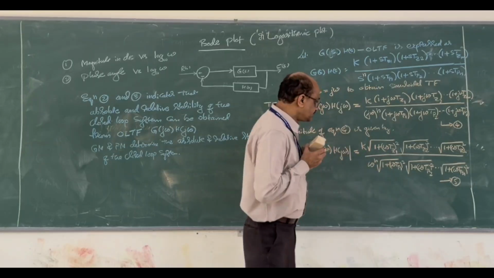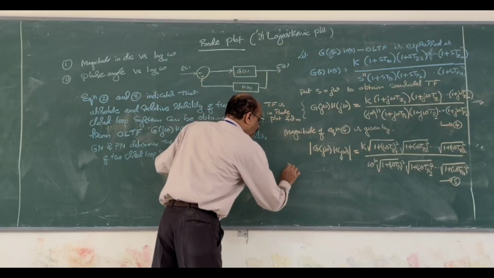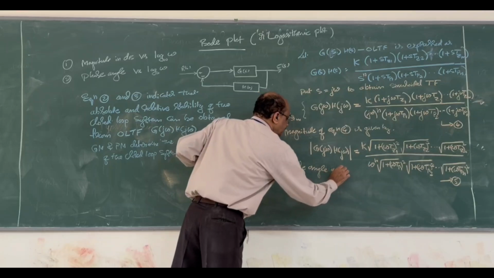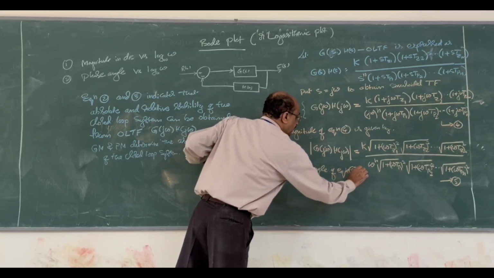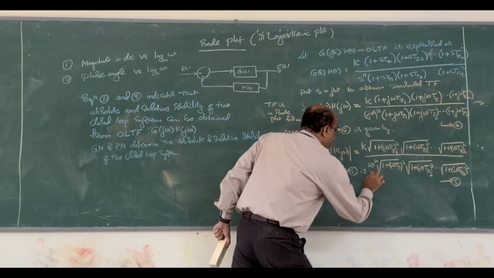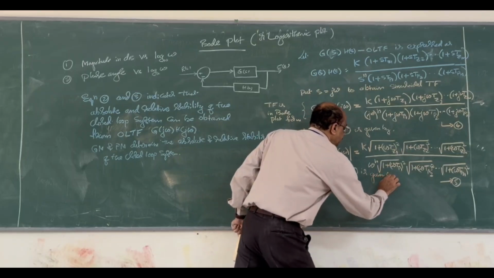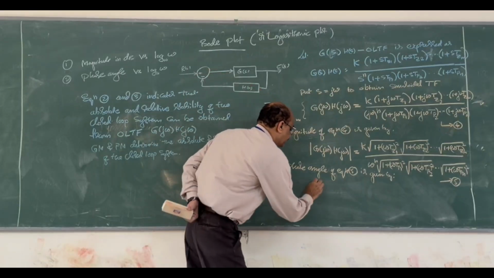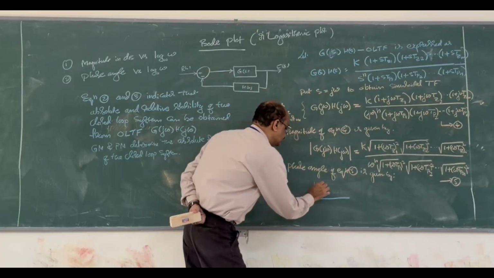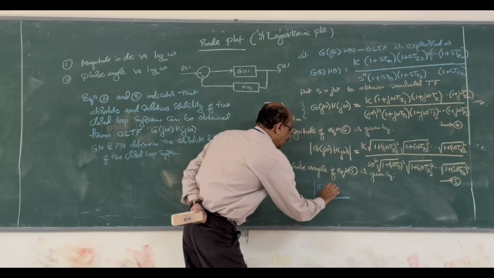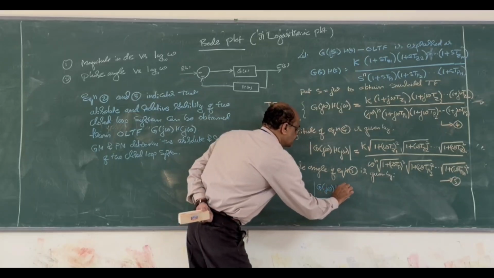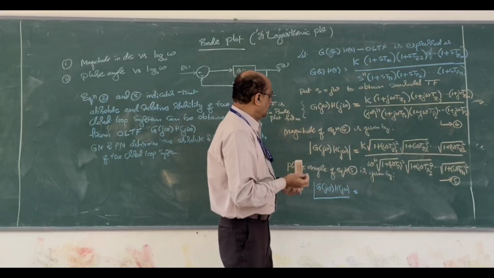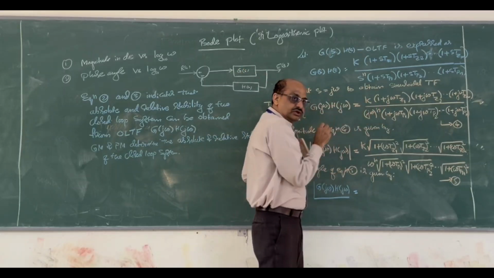That's all. In the same way, the phase angle of equation 5 is given by the angle of G of j omega H of j omega. Note that you need to take the phase angle due to each factor.